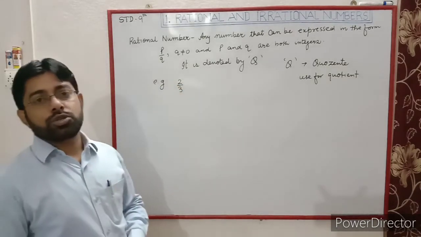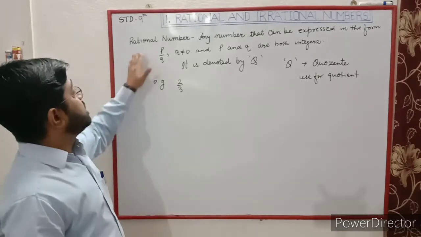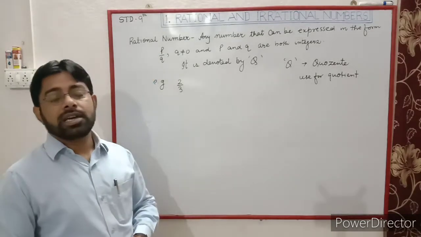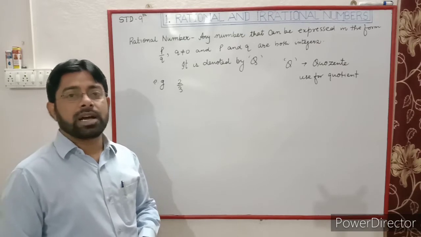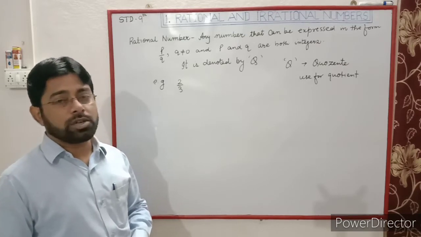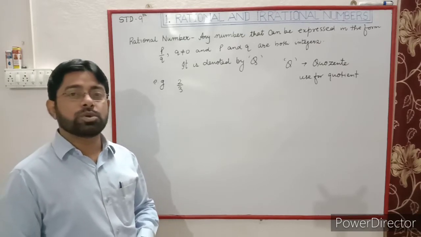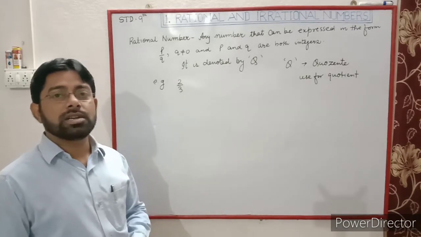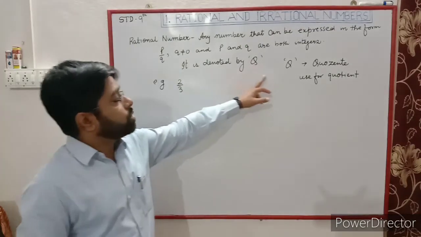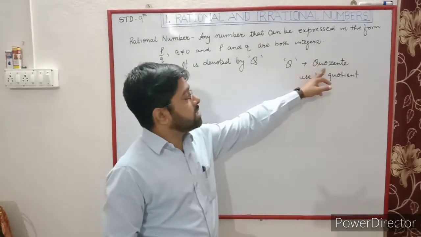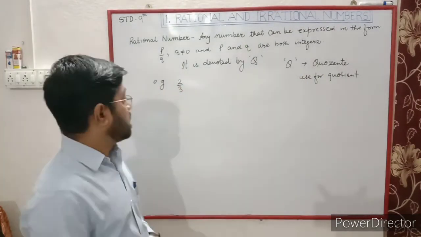It is in the ratio 2:3. And the definition of rational number: any number that can be expressed in the form p by q, where q is not equal to 0 and p and q both are integers, is called a rational number. It is denoted by Q. Q stands for quotient.